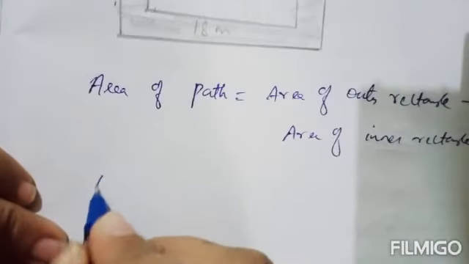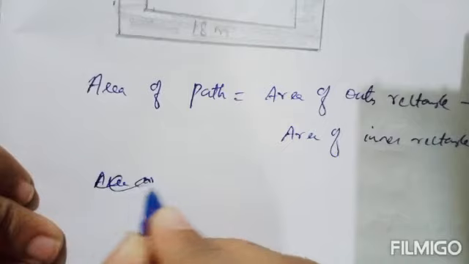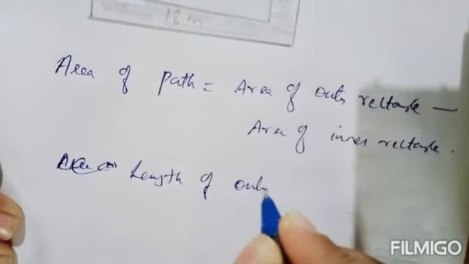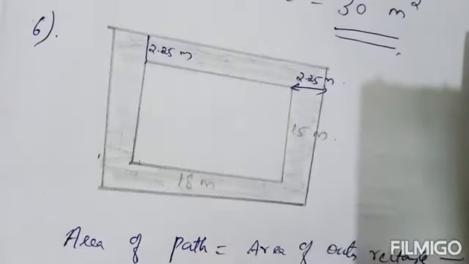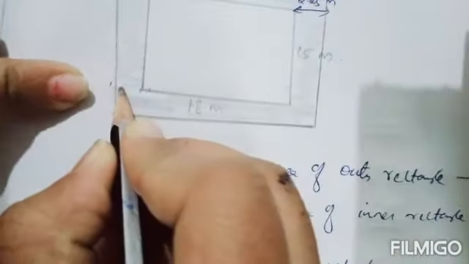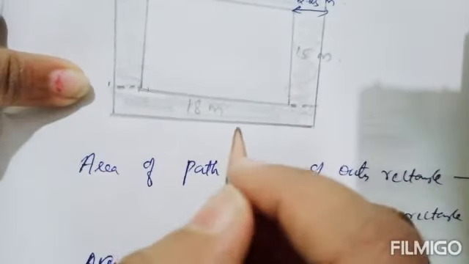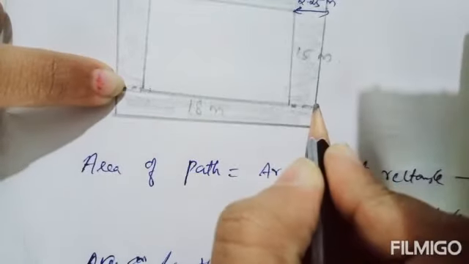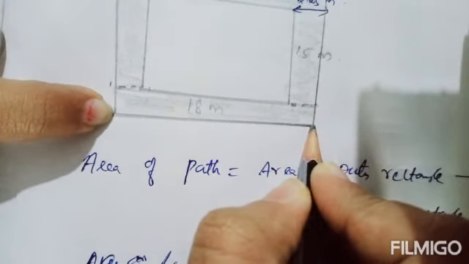Now, area of the outer rectangle, how can you find? Before that, you have to find the length of the outer rectangle. If we extend the length of the inner rectangle, you will get this length, and this is equal to the length of the outer rectangle.